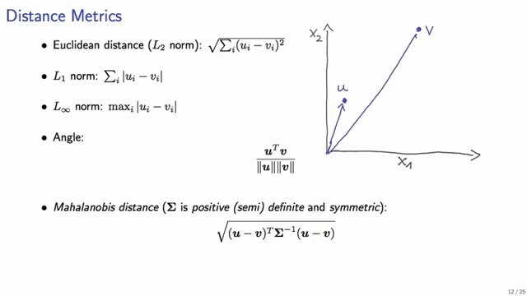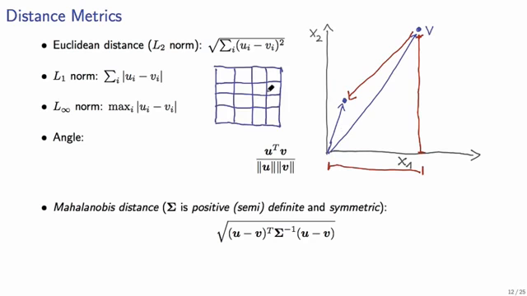Let's say we have two feature vectors, u and v. Then the Euclidean distance measures the length of the distance vector right here. The L1 norm computes the sum of these two lengths over here.